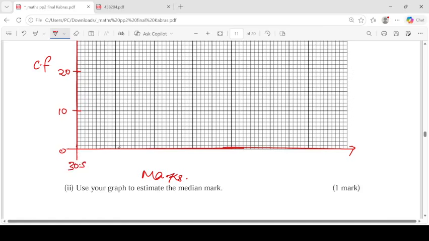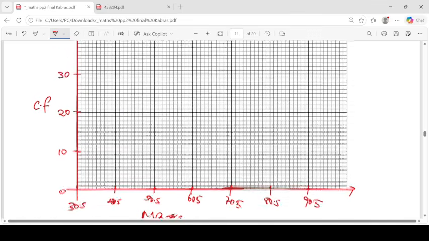Always start with the lower limit. 40.5, 50.5, 60.5, 70.5, 80.5, then here 90.5.